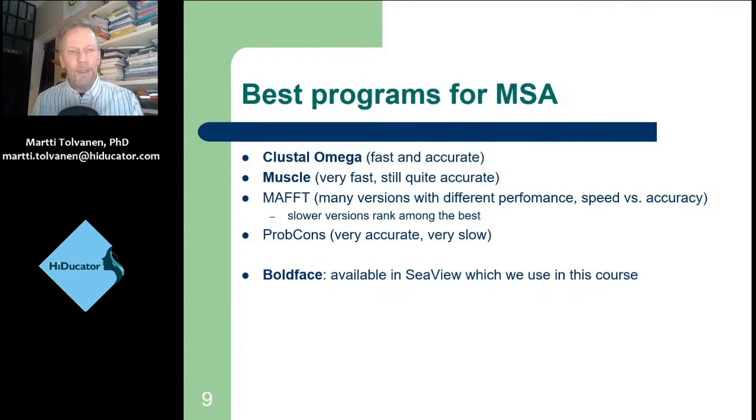And now to repeat the best algorithms and some of the pros and cons, we have Clustal Omega, which is another incarnation in a long series of algorithms actually originating from Ireland. Clustal Omega is fast and accurate, and it scales well to large amounts of sequences. There's another one called MUSCLE, which is still very fast and accurate, but the other programs in the list suffer from slowness, so that when you are going to hundreds of sequences, you are not getting your results very quickly.